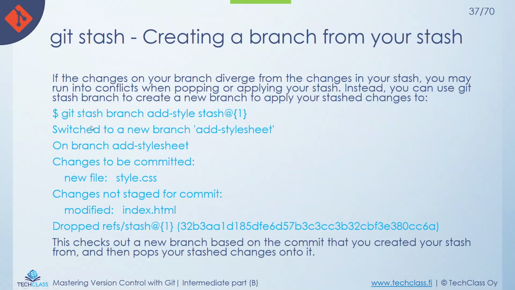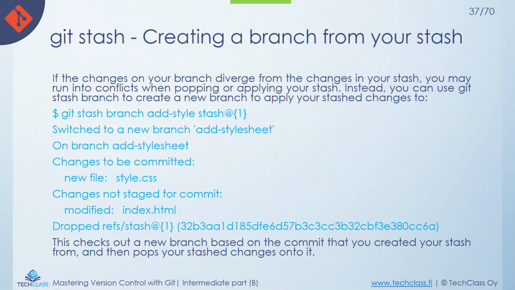And then there's also a very interesting command which you can use to create a branch from your stash. Here you can see git stash branch, and then the name of the branch that you give, and then which stash. If you only have one, it doesn't really matter to provide this.